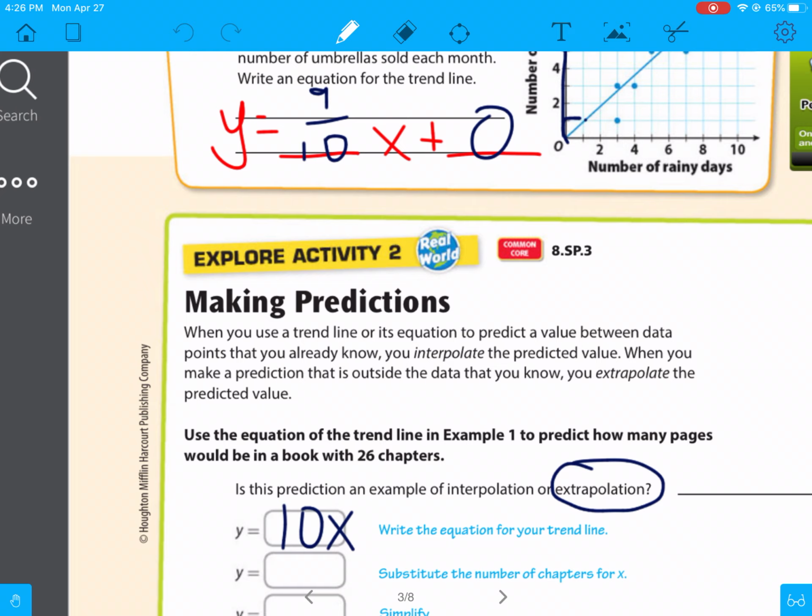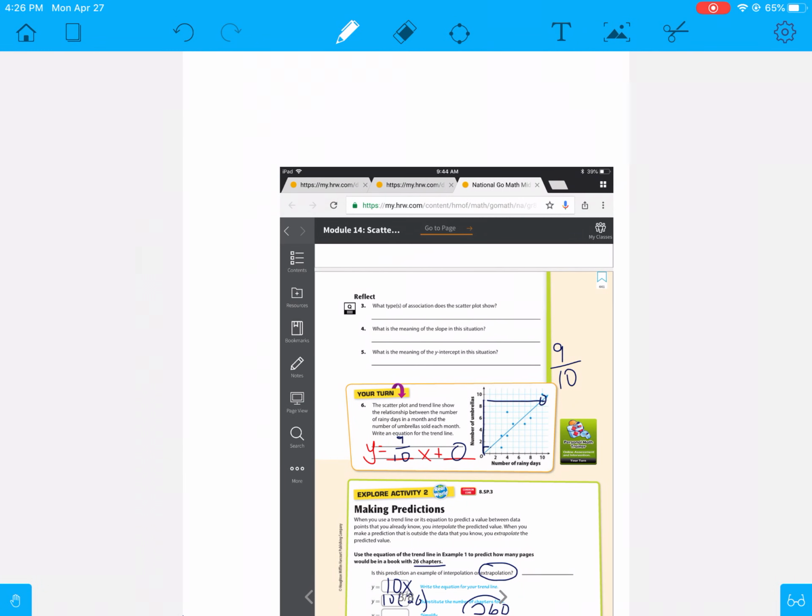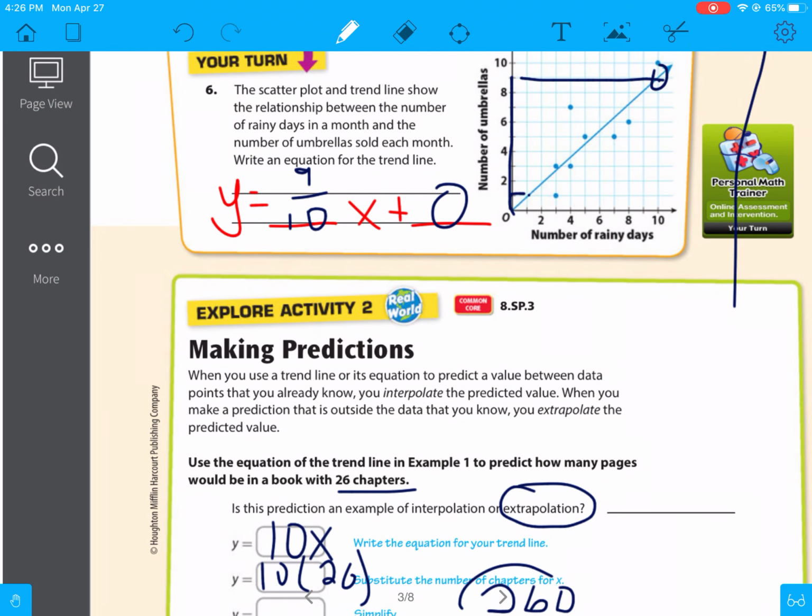We want to find out with 26, so y equals 10 times 26. Now simplify, y equals 260. So you can estimate there'd be about 260 pages in a 26 chapter book.